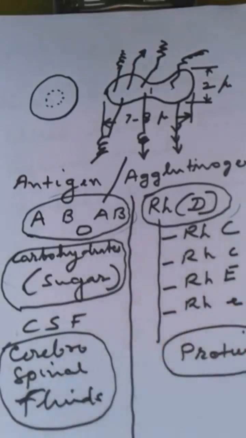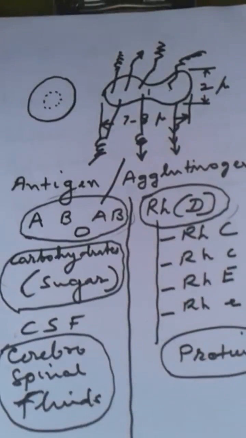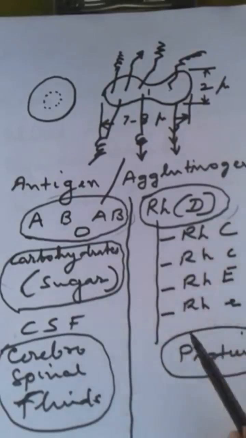The other RH types, small c, capital E, small e, are not very important, but they are also considered when a serious analysis is done at the time of transfusion. Otherwise, they are neglected.